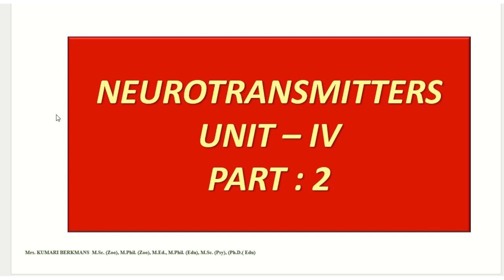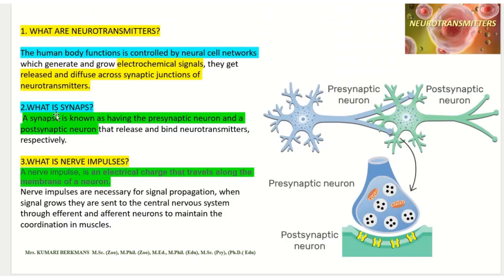This class is about neurotransmitters. In Unit 2, let us see what are neurotransmitters. This question is very important in UGC NET for CSIR. So listen very carefully.